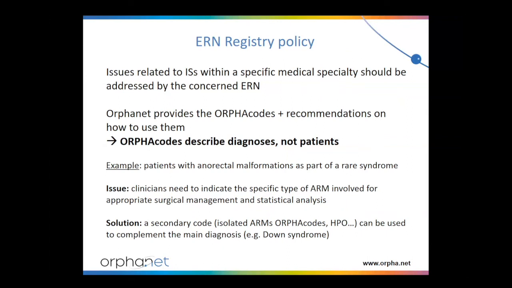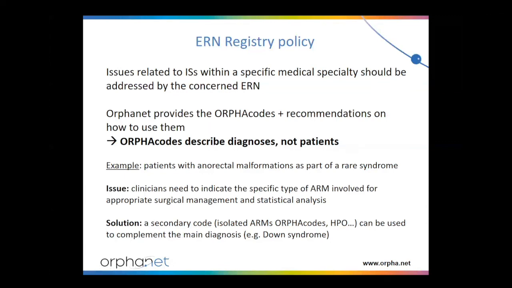It is possible for a given ERN to identify particular needs in view of the patient's coding, needs that are specific to the medical specialty that is covered. Here is an example from a very recent discussion with representatives of the ERN Eurogen.